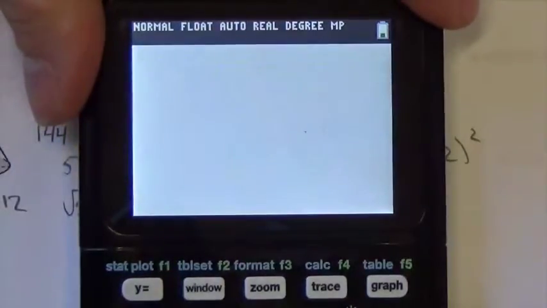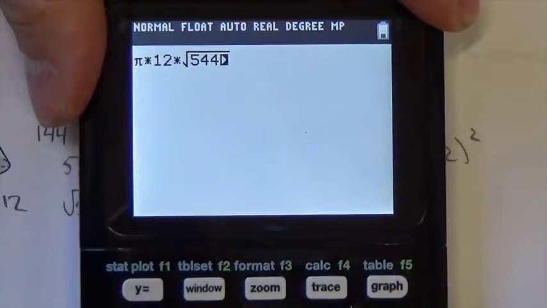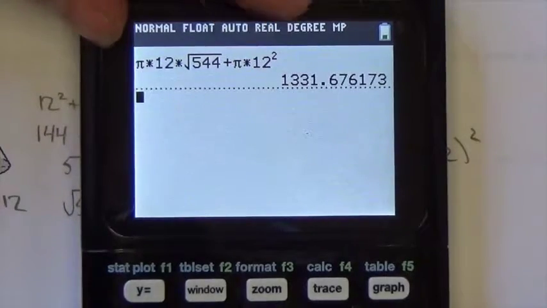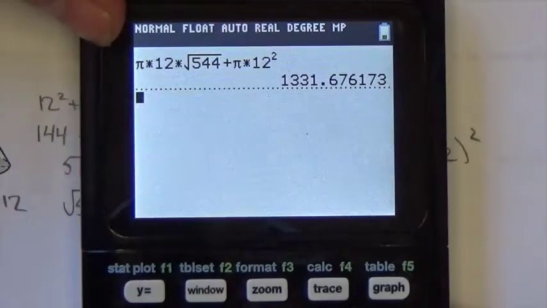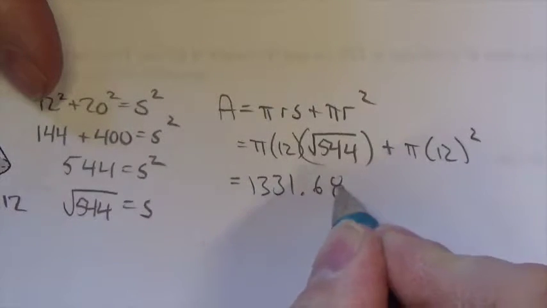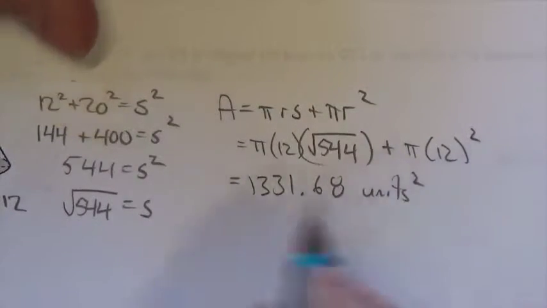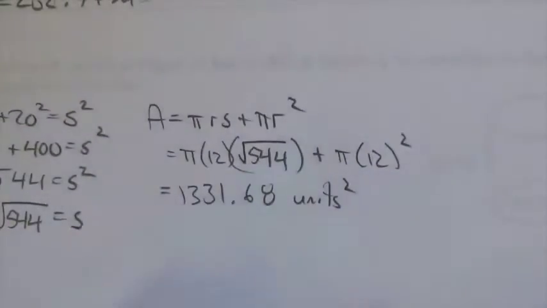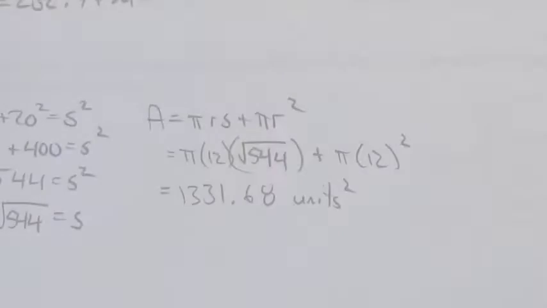So this will be pi times 12 times the square root of 544 plus pi times 12 squared. Okay, and we're going to get 1,331.68 units squared. We never actually established what the units were in the diagram, so that's about as good as that's going to get. There's your surface area.